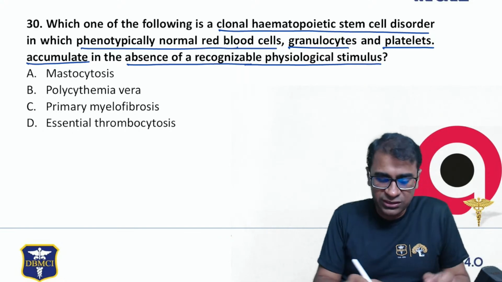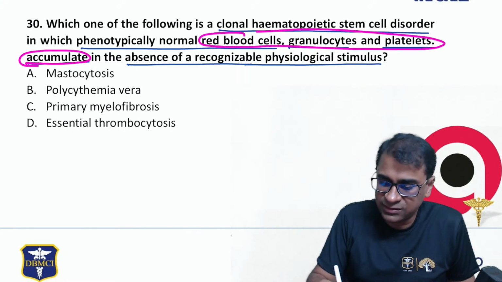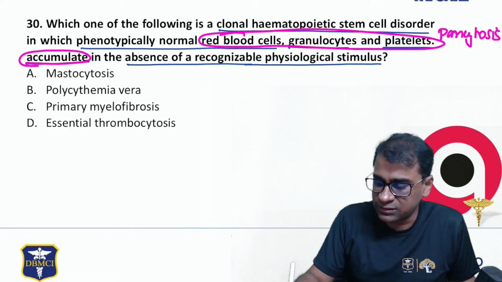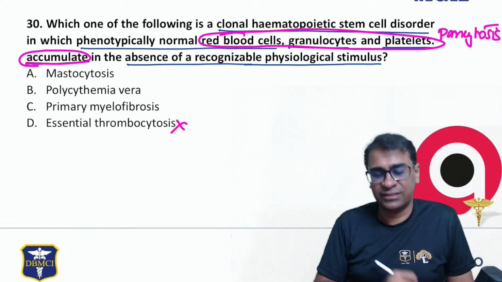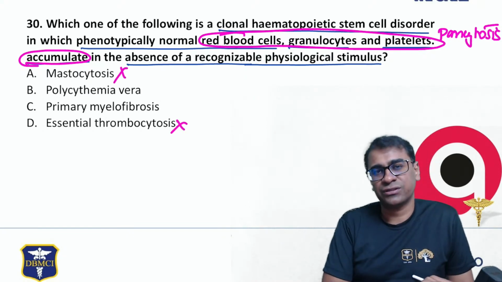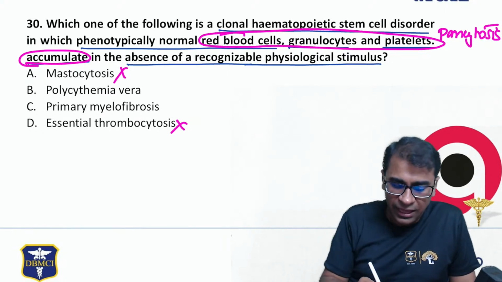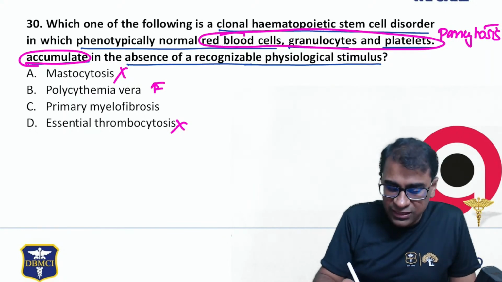Since the question is about accumulation of all these three cells, it talks about pancytosis. Pancytosis is never seen in essential thrombocythemia and in mastocytosis. Mast cell increase is mastocytosis. Now PCV may show an increase of all these three, so it is the right answer.